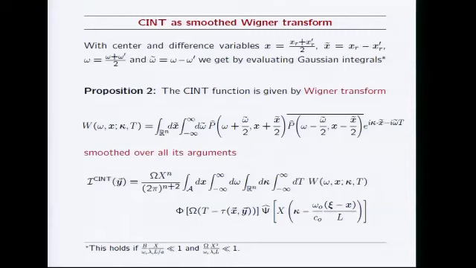There is nothing else; now it's algebra. When you do that, you find this remarkable expression, which says that the coherent interferometric method is nothing else but the Wigner transform smoothed over all its arguments. The smoothing is done by integration over the array and integration over the frequency, so these are the variables omega and x.